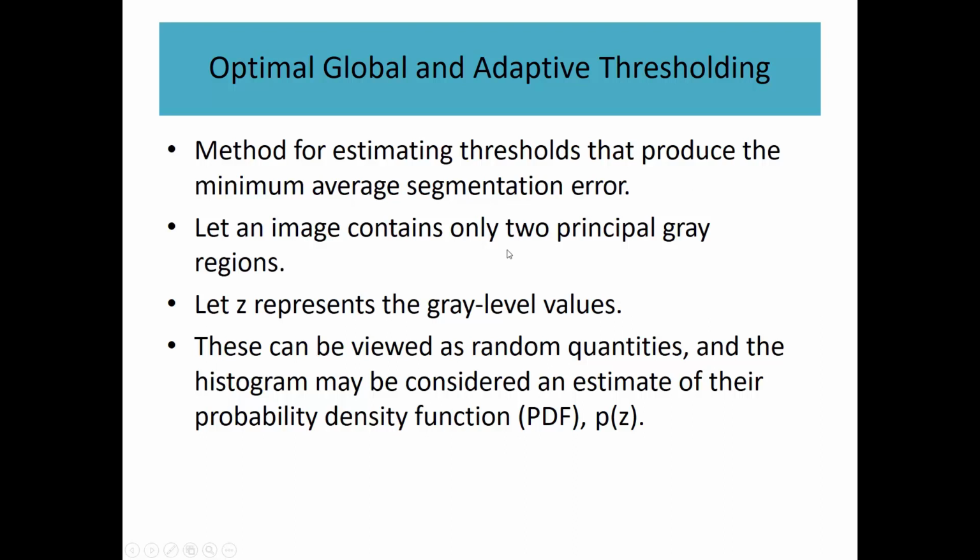Let an image contain only two principal gray regions and Z represent the gray level values. These can be viewed as random quantities, and the histogram may be considered an estimate of their probability density function p(z).